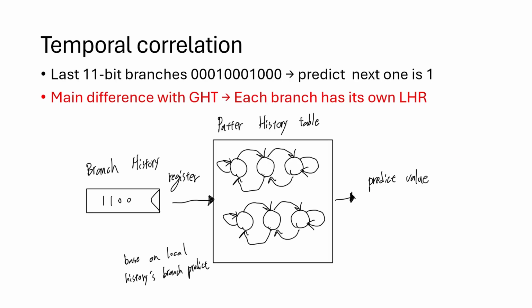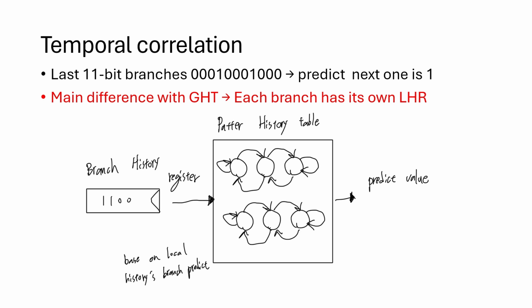And then is temporal correlation, which is the local predictor. In this method, a register is used to record the past historical state of a branch instruction. When this historical state is very regular, it can provide a tool that can be used for branch prediction. Such a register is called the branch history register, which is BHR.